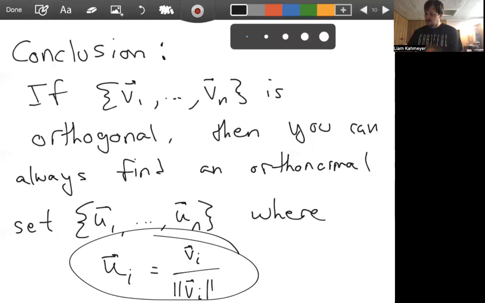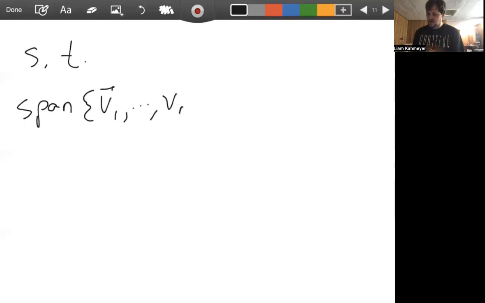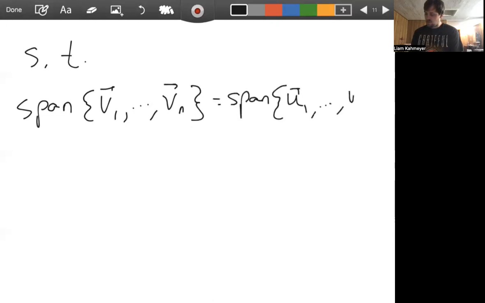And so what this means is this is an orthonormal set such that the span of v1 through vn is equal to the span of u1 through un. And we'll see later why this is important, right?